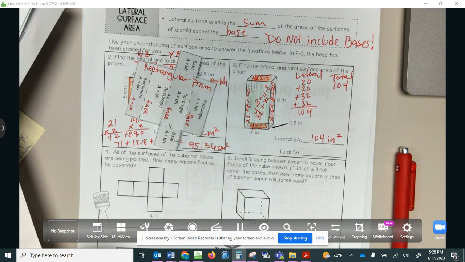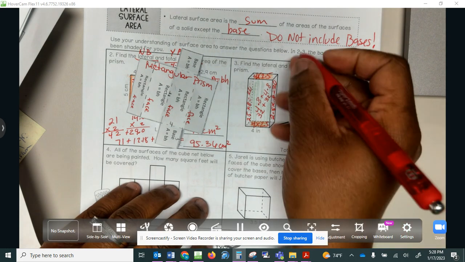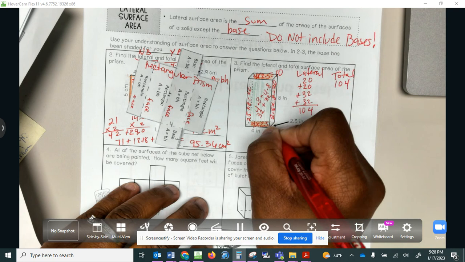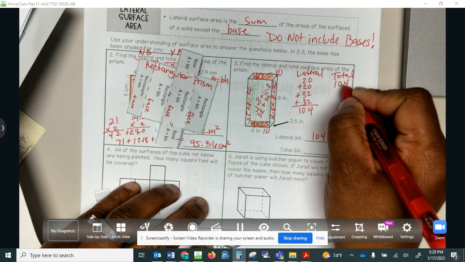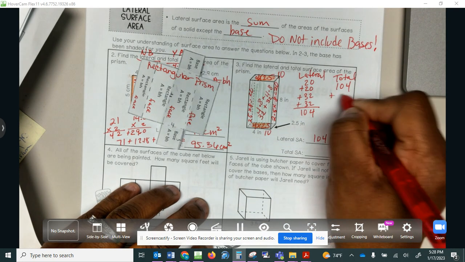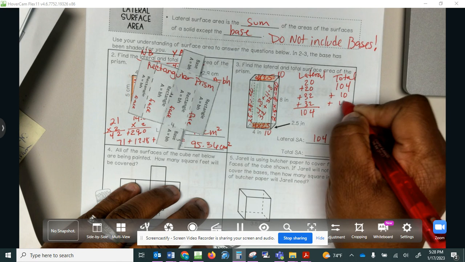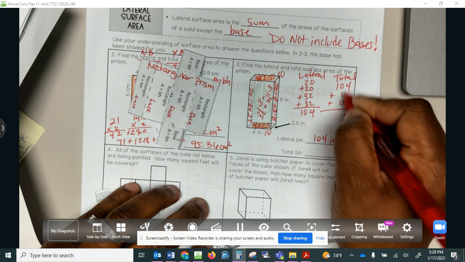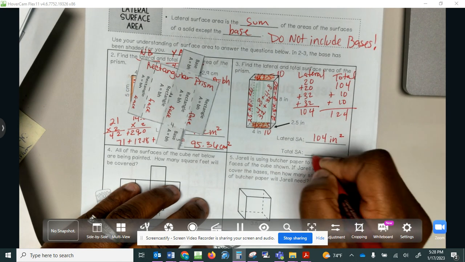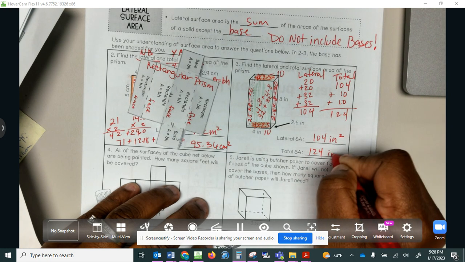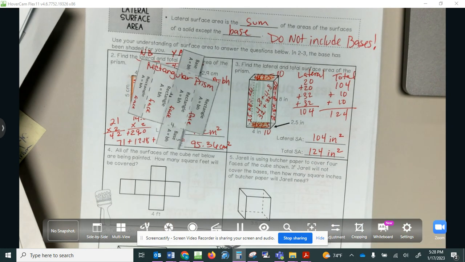So when I think of 2.5 times 4, I think that's what, 10? So that's 10, and this is 10. So 104 plus 10 plus 10, that's 4, that's 2, and that's 1. So 124 inches squared.